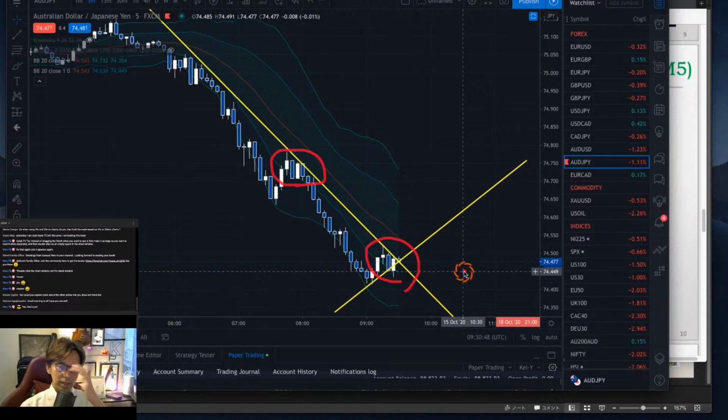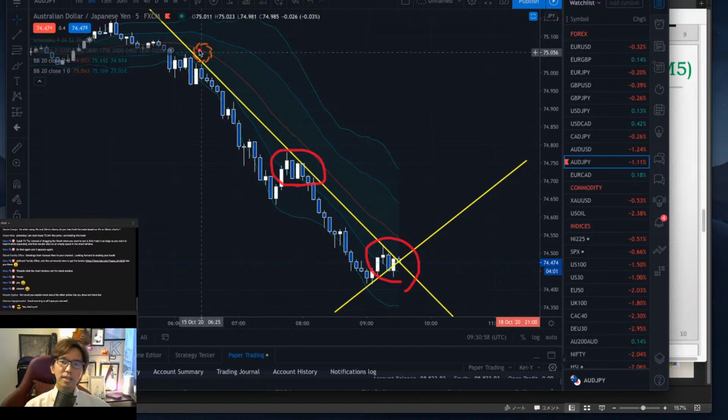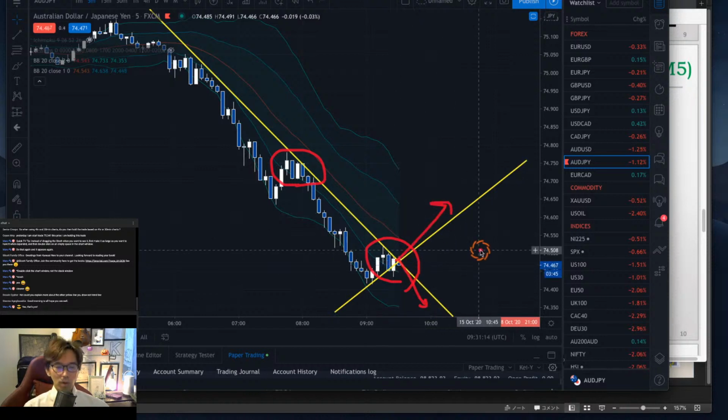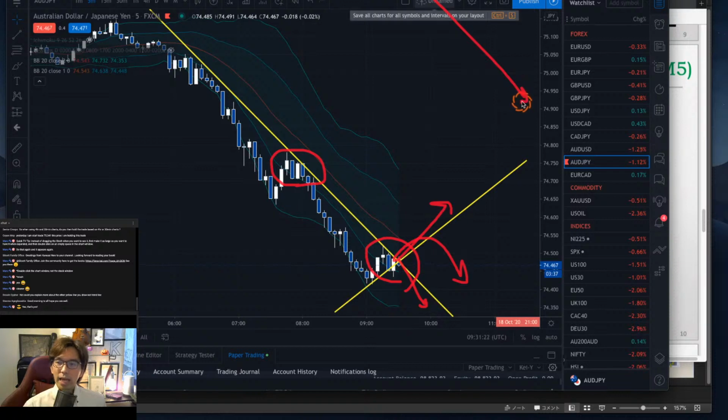In this case, we cannot really call this band walking because the price is above the deviation 1. But it looks like this descending trend line has been working, and right now we are encountering this cross point here. If it continues to go down, then we can follow. But if it goes up, then we have to wait for another confirmation to sell at some point. As long as the 4-hour chart is moving down and the 30 is moving down, we continue to look for sell.